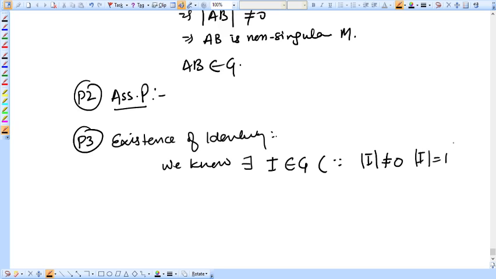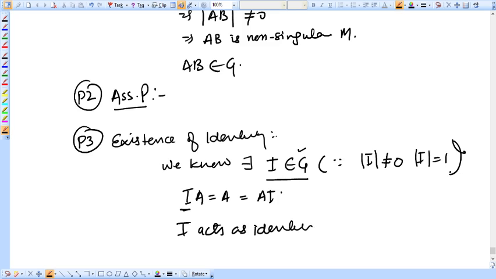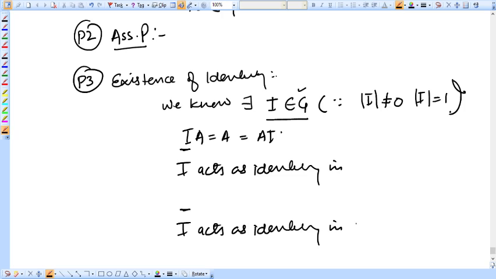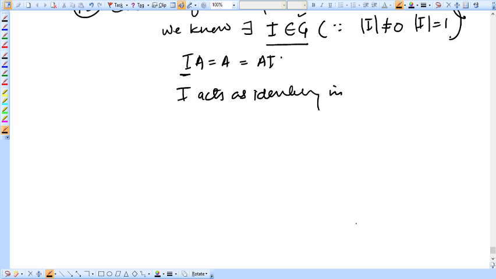The determinant of I is 1. So that's why I'm writing that I belongs to G. It is a non-singular matrix. We know there exists I belonging to G such that I A is equal to A I. Therefore I acts as identity in this set.